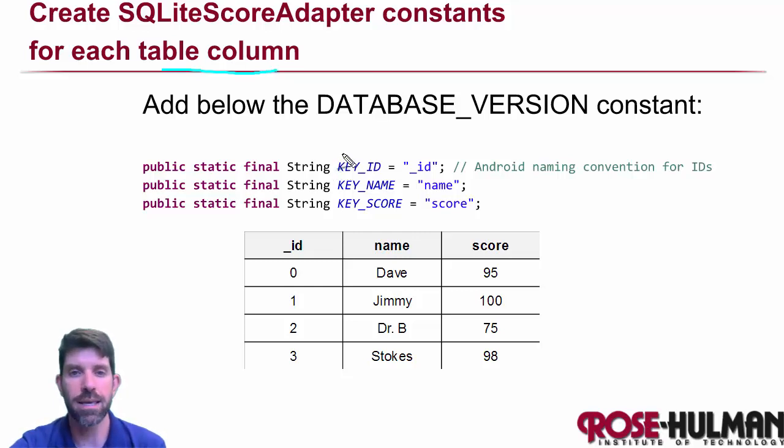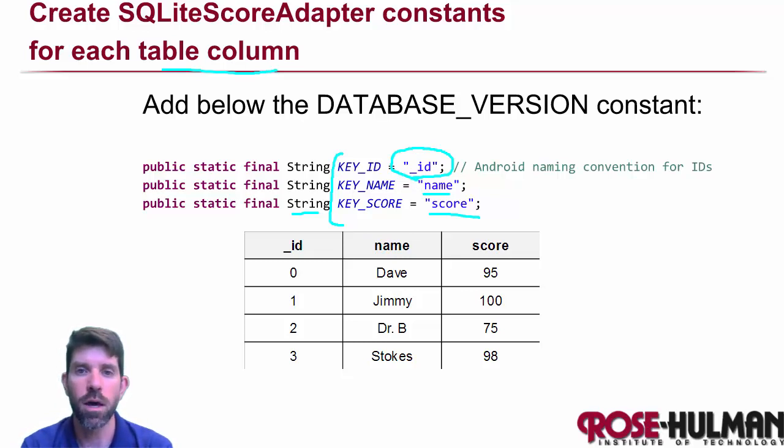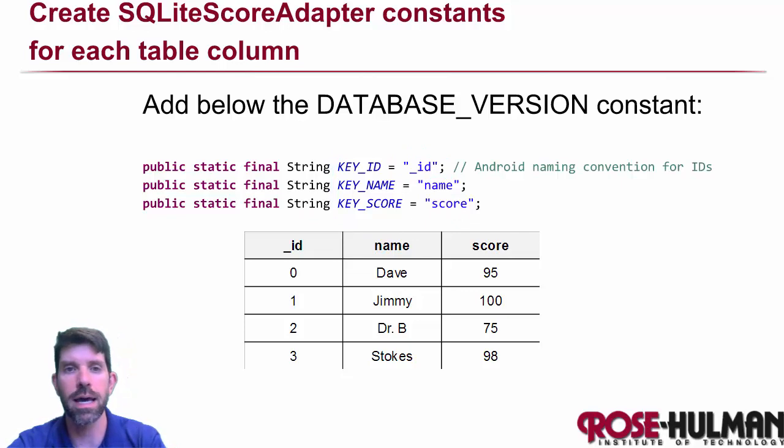So we're going to want keys for each of those guys. Keys are just going to be strings like usual. And when we do them, we can actually use whatever name we want here. But I will say that the naming convention for IDs in Android is to use an underscore first. And I've read that there is code that depends on it, so I don't dare change that guy, right? So we'll use underscore lowercase ID.